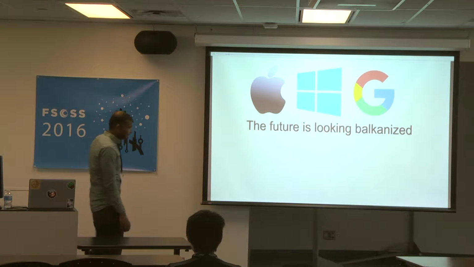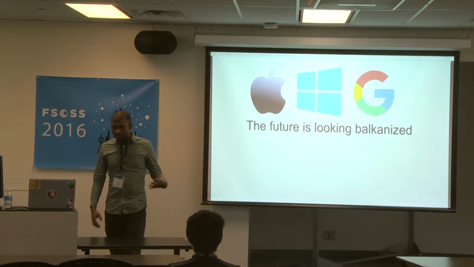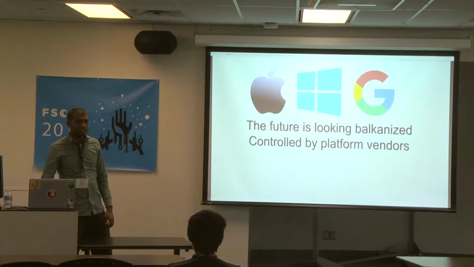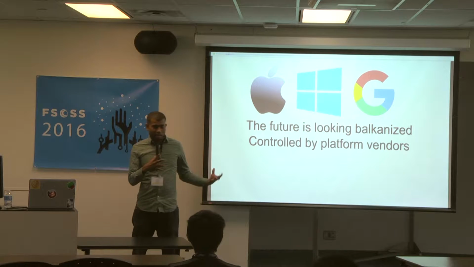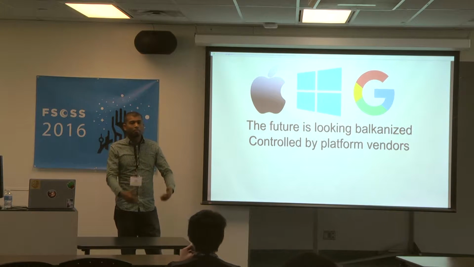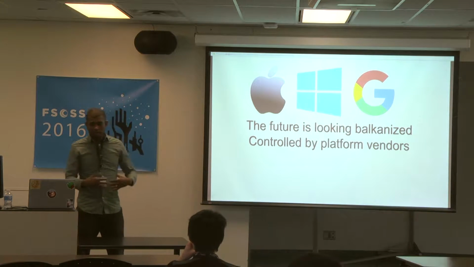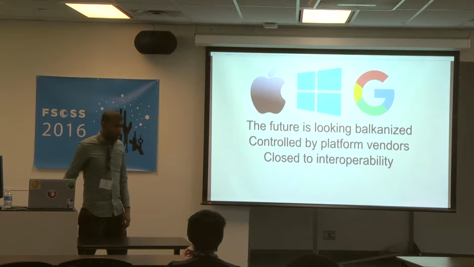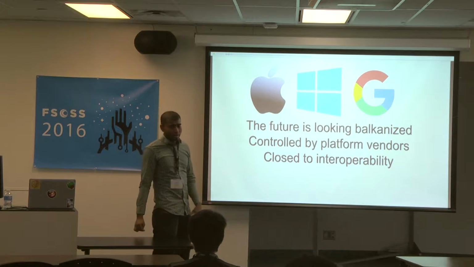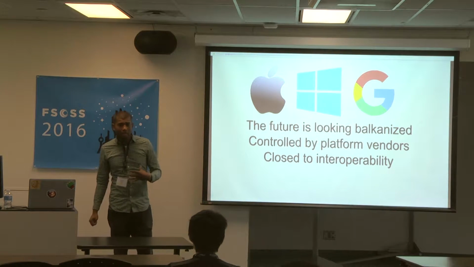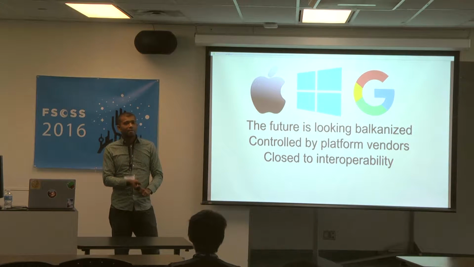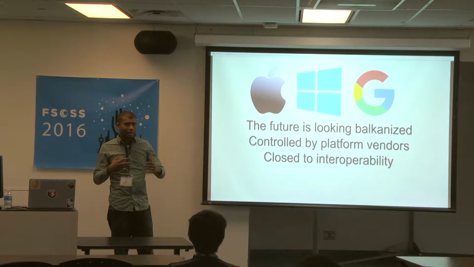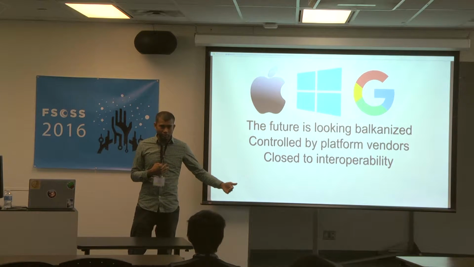So the upshot of all of this is the future of cross-device interaction is looking balkanized, controlled by platform vendors that all have their personal platform to push. It's close to interoperability problems, where you have to think about what smartphone platform you're running, what OS your laptop or desktop is running, to decide whether you can interact with the services or not.